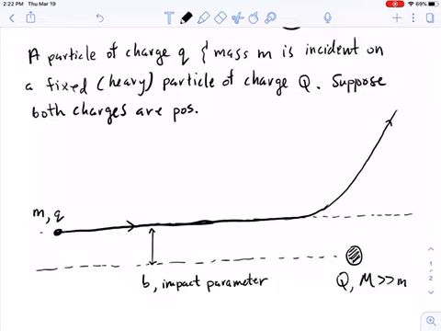Before we go too far, this experiment was actually done a long time ago by Rutherford, if you can believe it. What he did is he was firing what are known as alpha particles. An alpha particle is a helium nucleus.